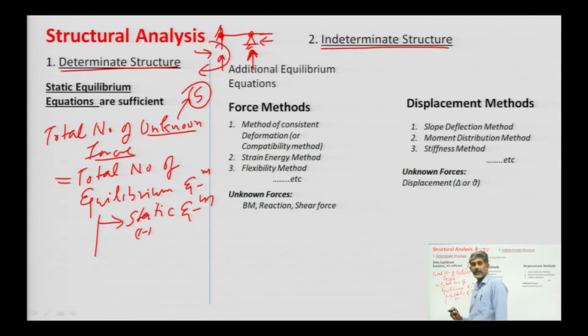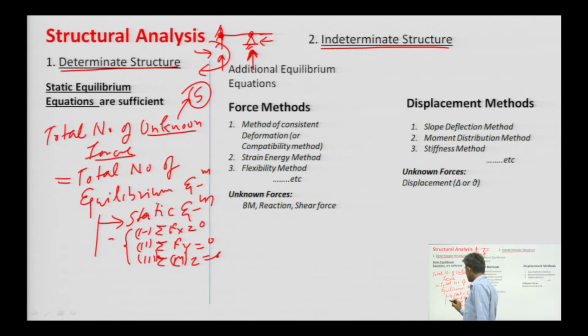In case of a 2D plane, it is sigma Fx = 0, sigma Fy = 0 and sigma M about z = 0. So, we have a total of 3 static equilibrium equations.